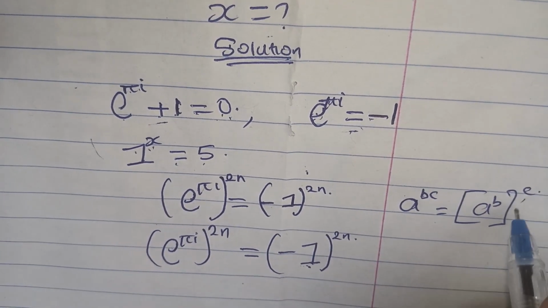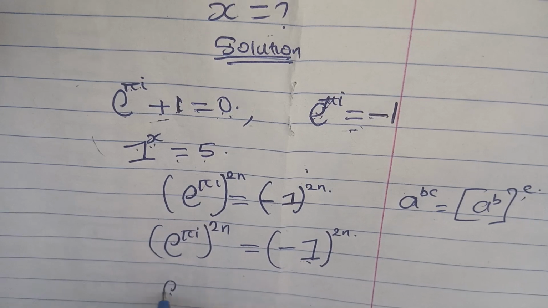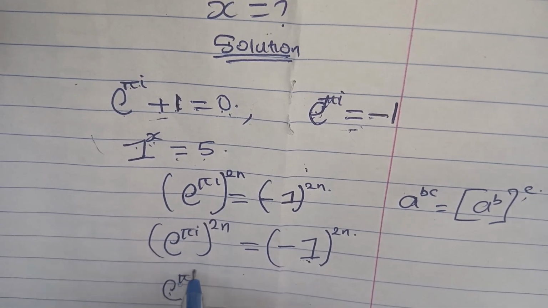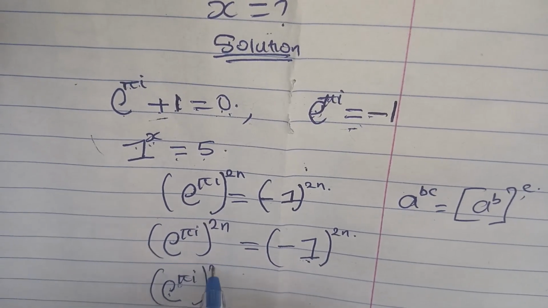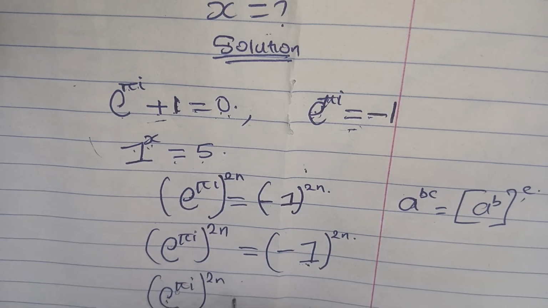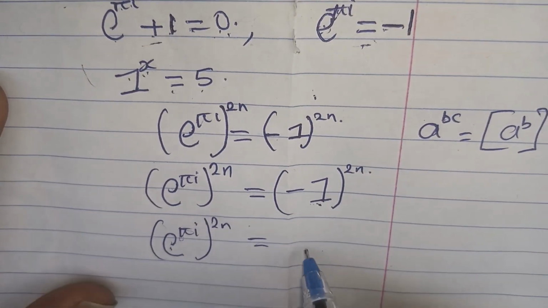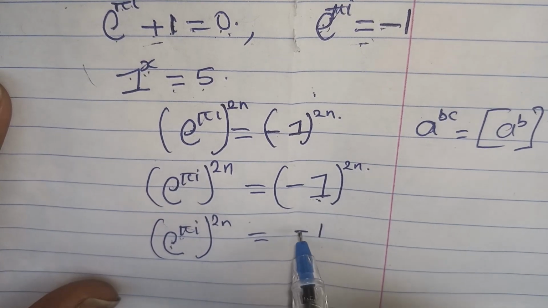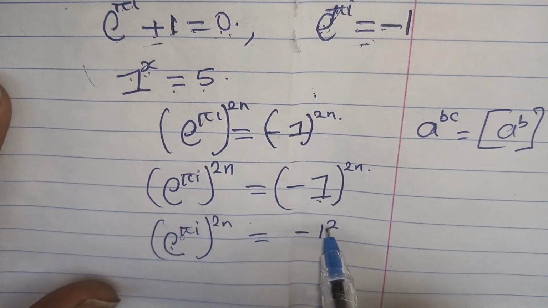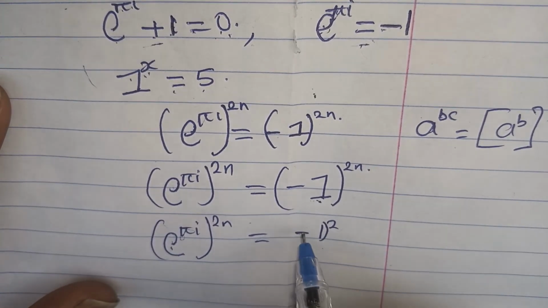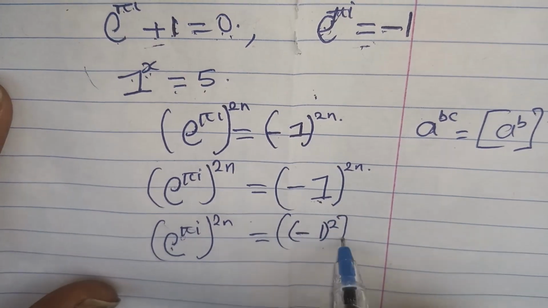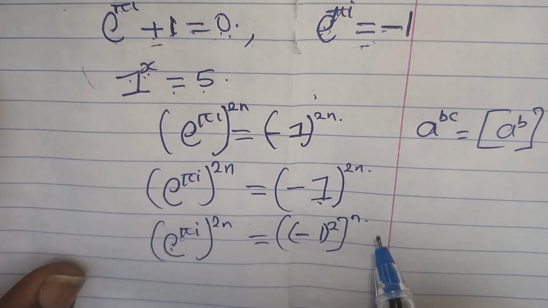So if we put this principle here, we have (e to the power of pi i) to the power of 2n equals (minus 1) to the power of 2, to the power of n.